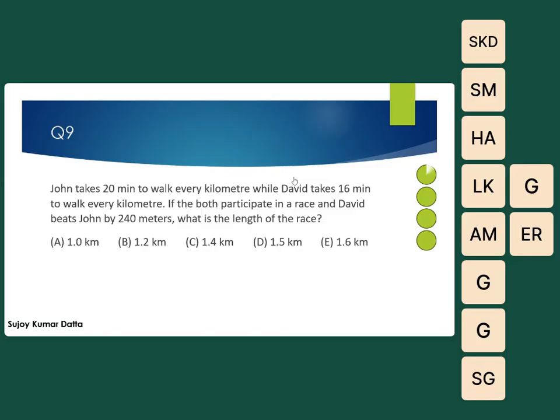So anyone with this? So what does it say? John takes 20 minutes to walk every kilometer. David takes 16 to walk every kilometer. In a race, David beats John by 240 meters. So what's the length of the race?